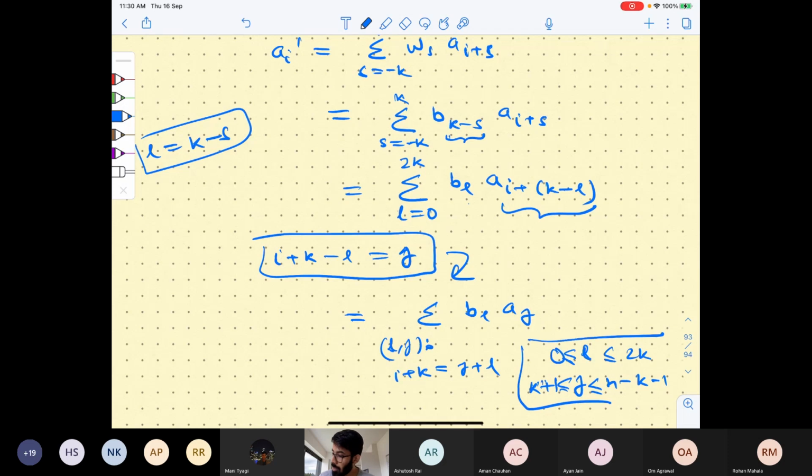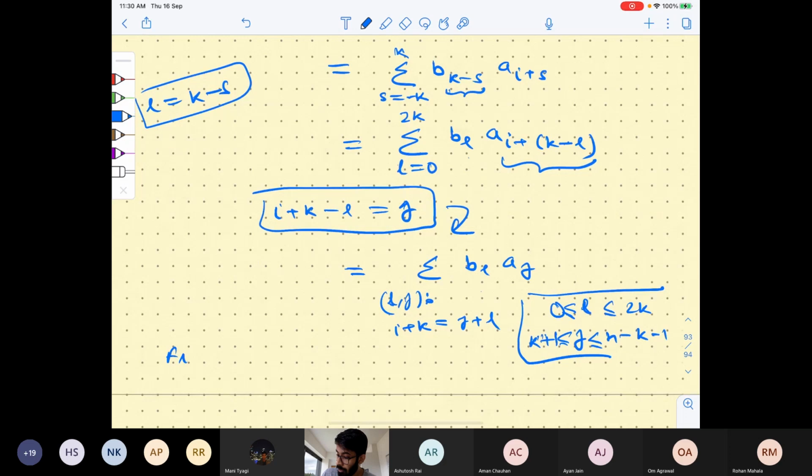Anyway, the point is that now this is like a convolution, because if you fix I, then what do you get here? Then k is fixed. So for the ith term now, this is A_I prime, right?